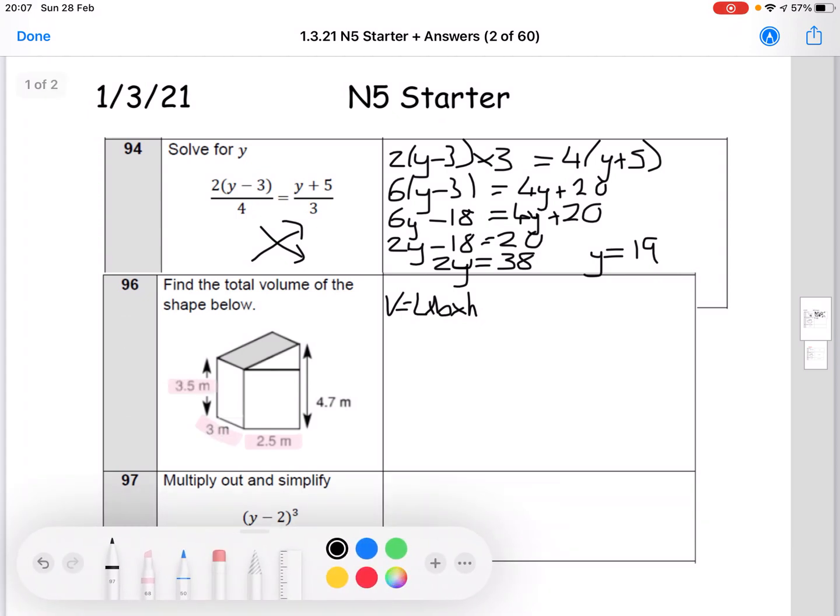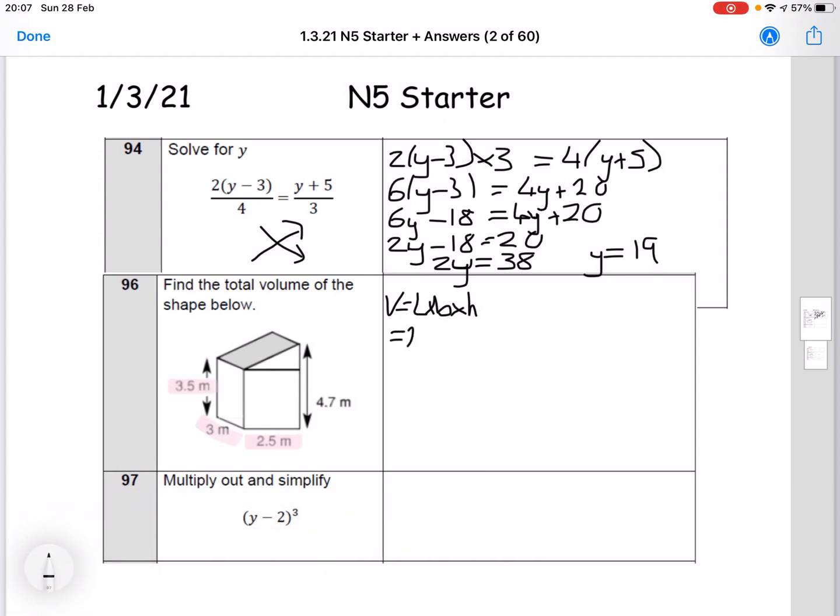So we would put into our sum 2.5 times 3 times 3.5. So that gives you there a volume of 26.25 meters cubed.